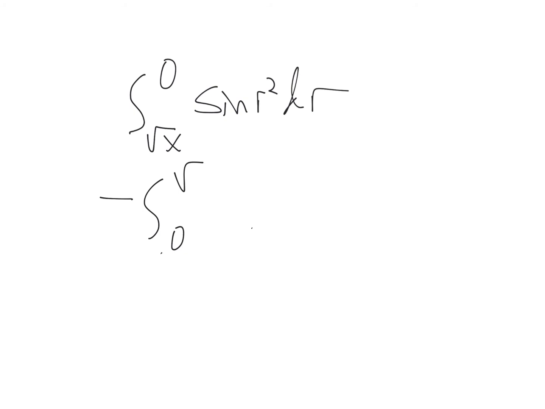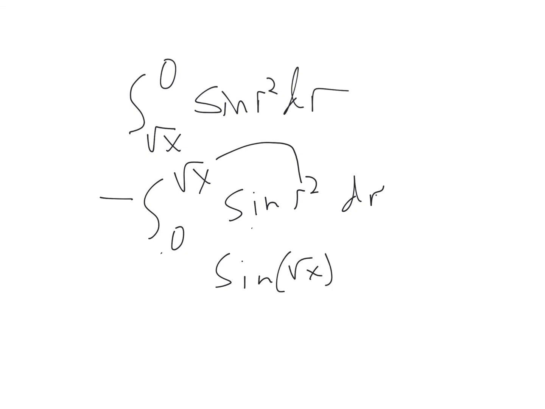So 0 to the square root of x, the sine of r squared dr. I'm going to drop that square root in there, so sine of the square root of x squared, but then I'm going to do the derivative with respect to x of the square root of x. Okay, I guess I'm doing the derivative with respect to r, aren't I?